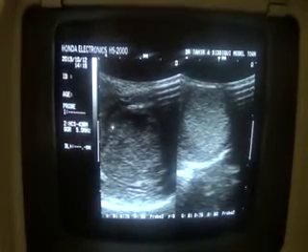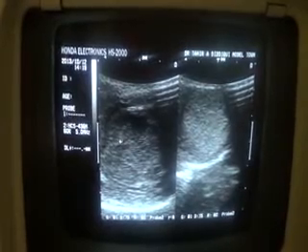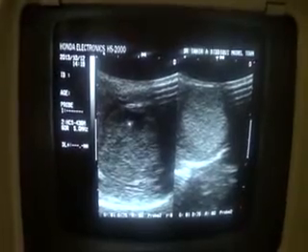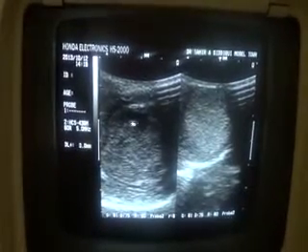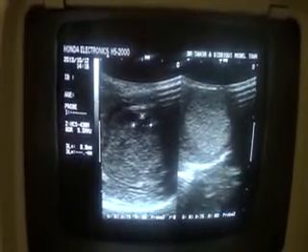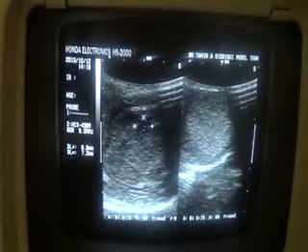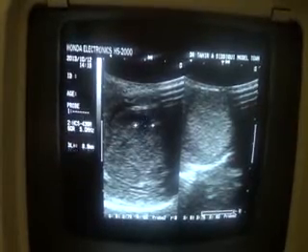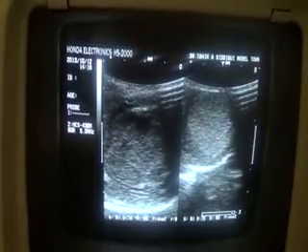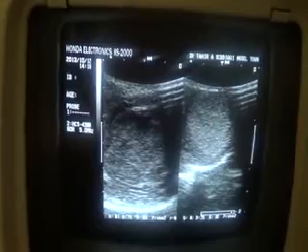So the right testis shows diffuse decreased echogenicity, and we see multiple small, tiny focal lesions measuring 8.9 to 7.2 millimeters, and a few tiny echogenicities, tiny calcifications.